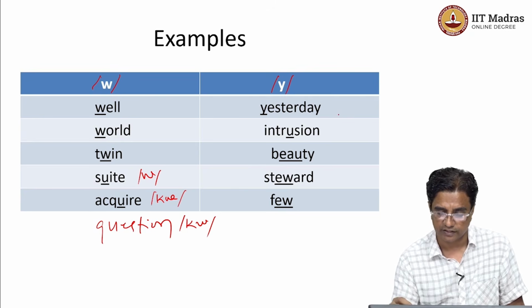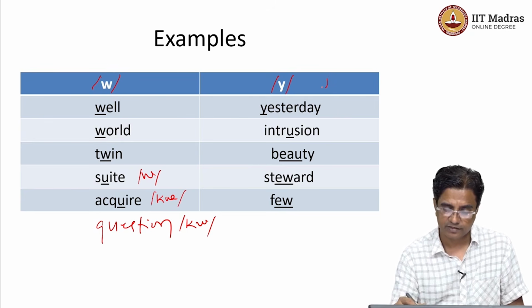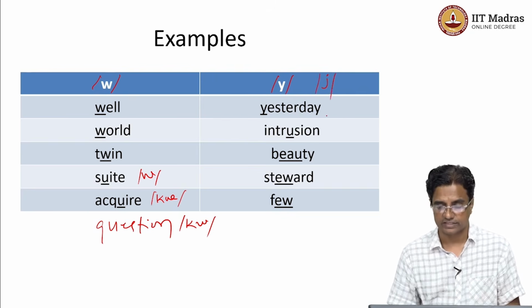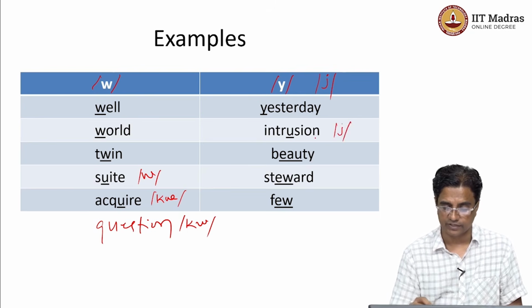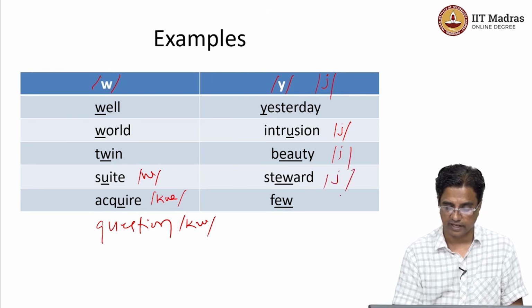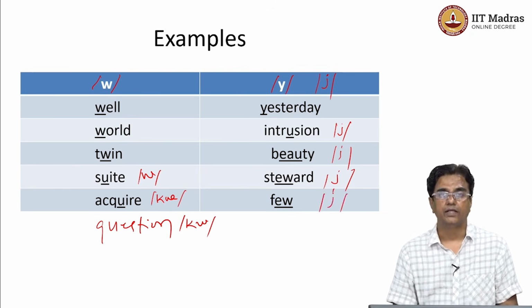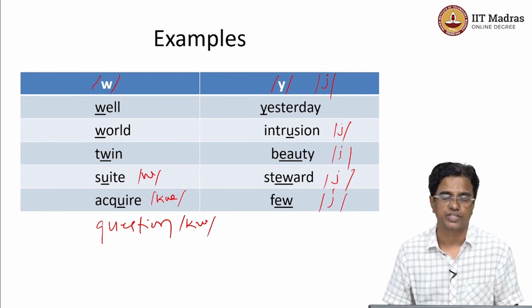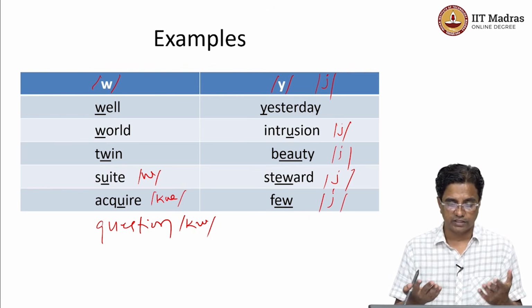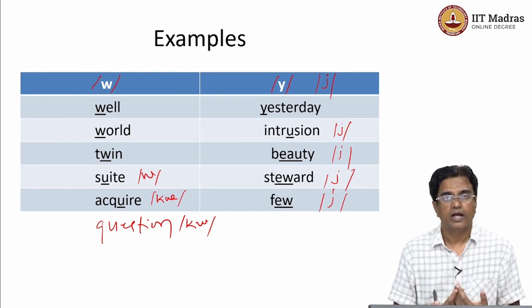Look at this here. In fact, in terms of phonetic transcription, this is how the ya sound is written. So in this you will see a ya sound. In beauty also you see the ya sound. In steward also, and few, of course, there is a ya sound. You can find more words of this type to check where you get the ya sound with Y or not.